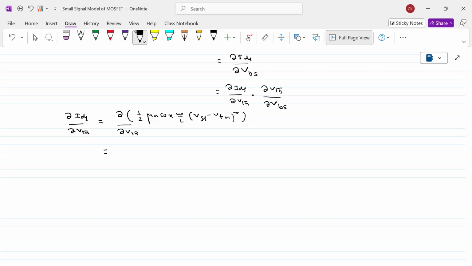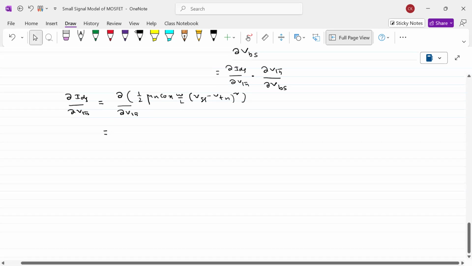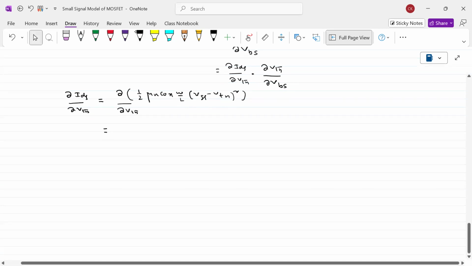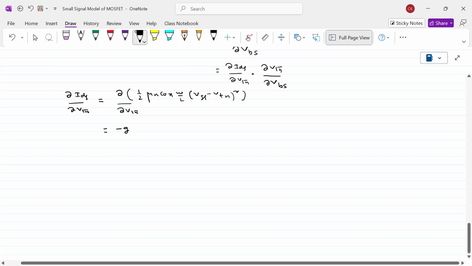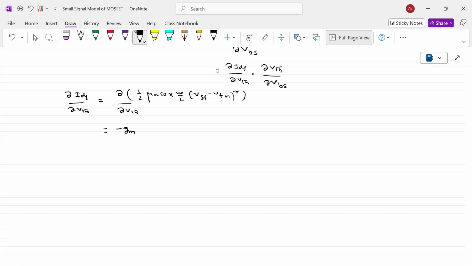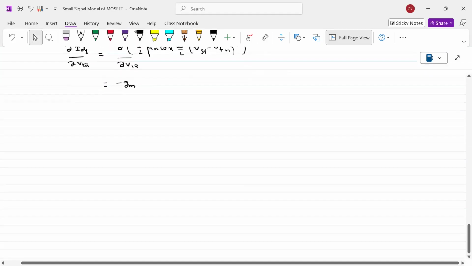What is this? One by two, 2 will get cancelled. The derivative of this one is minus 1. Can I write like this, minus GM? It's just like a GM only, but actually it's a minus GM. No confusion, right? Okay.